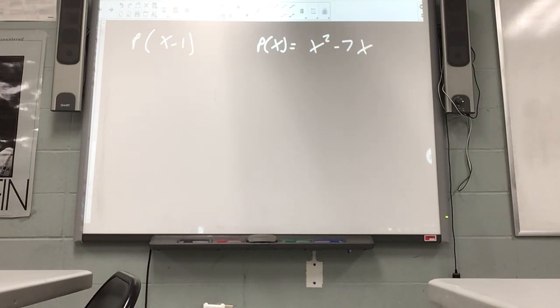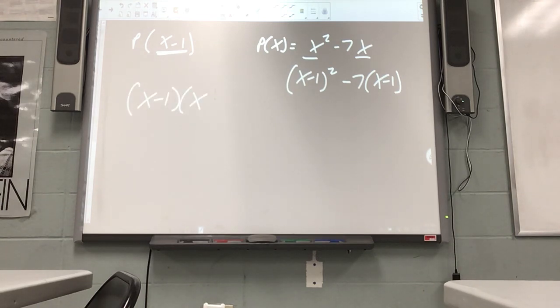Same as earlier on the first page, we're going to take x minus 1 and plug it in both of those places for the x. So we'll have x minus 1 squared minus 7 times x minus 1. Now, same as on the first page, you can't just distribute that squared. When you've got a whole parentheses being squared, that means you write it twice and multiply it out.